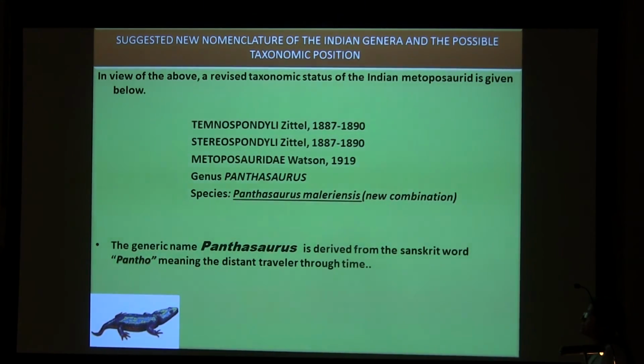In Sanskrit, this means a distant traveler through time, because as I have already said, the Indian form is not really endemic to India. It is non-endemic to India, and there is a possibility that, due to the fact that the circum-Tethyan shoreline was short and very cryptic during the Triassic, the Metoposaurids could have come along the shoreline, that they could have swum across the shoreline.